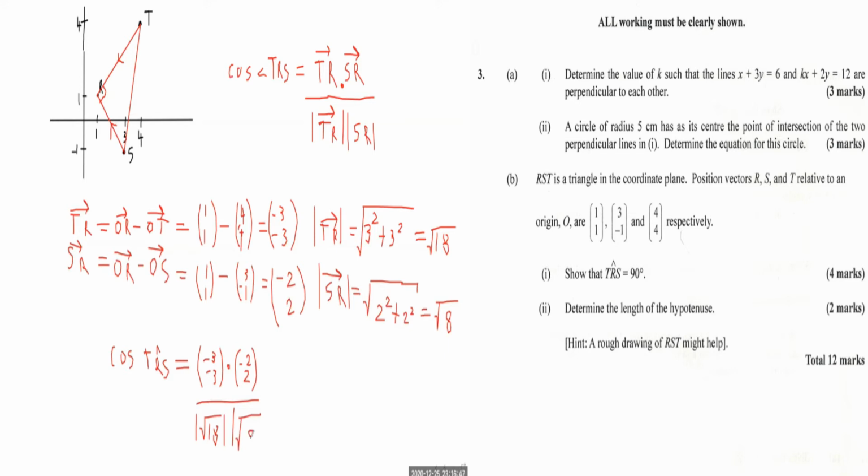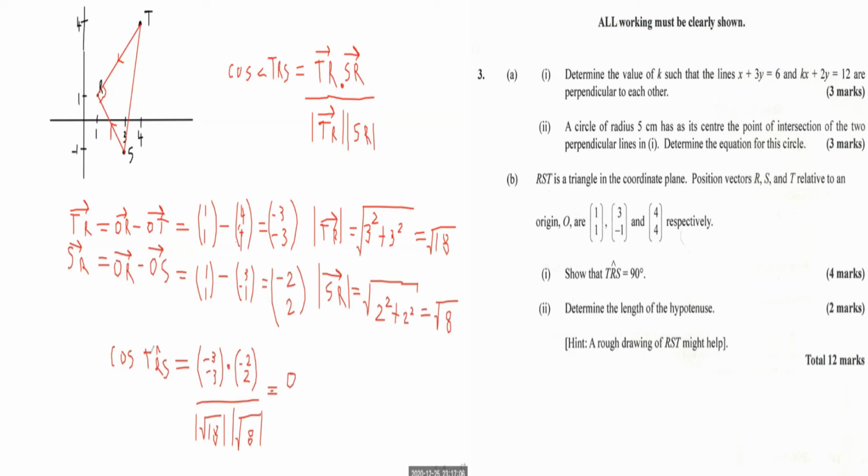And so we'll work this out. What we're going to get is, as we can see, this works out to just be 0. Look at it. Minus 3 times minus 2 is positive 6, and minus 3 times 2 is minus 6. 6 minus 6 is 0.